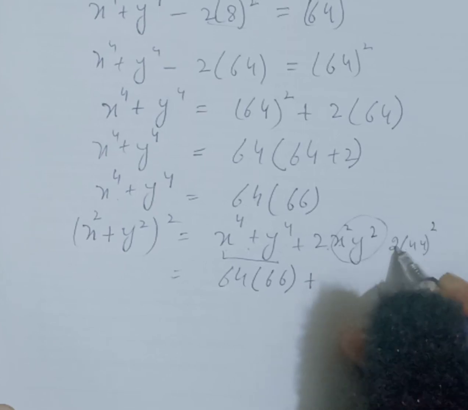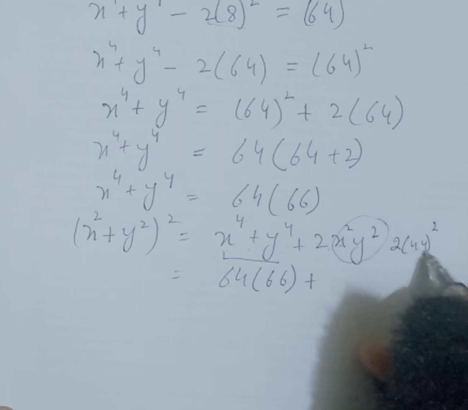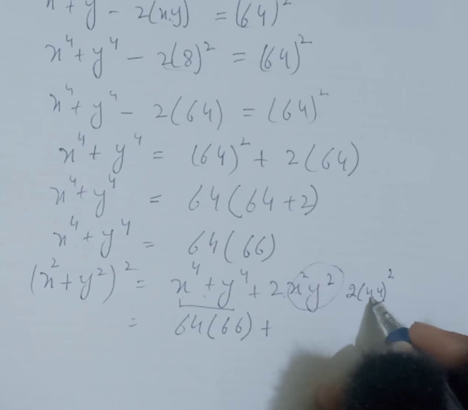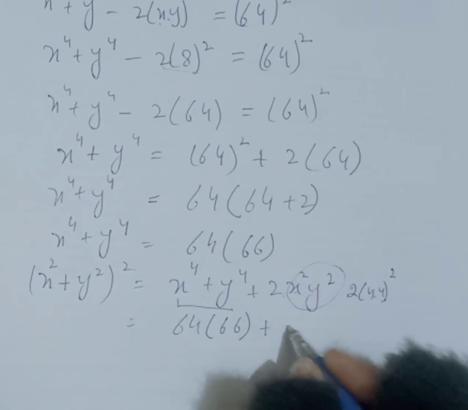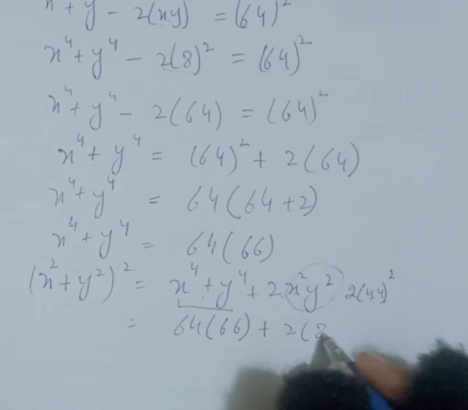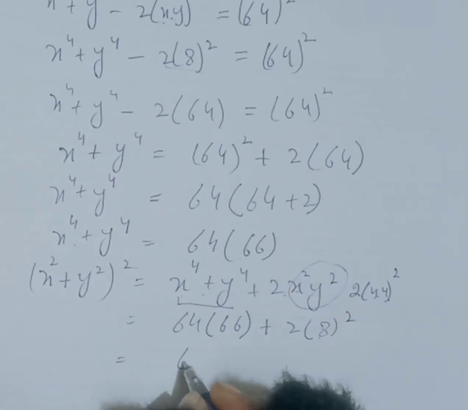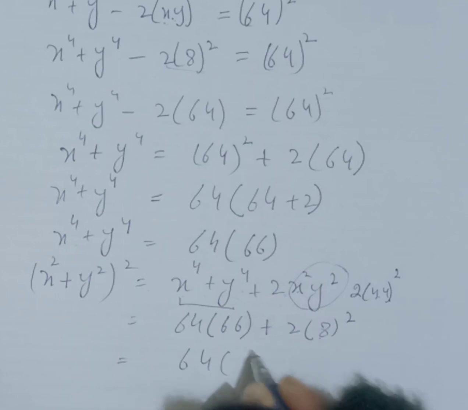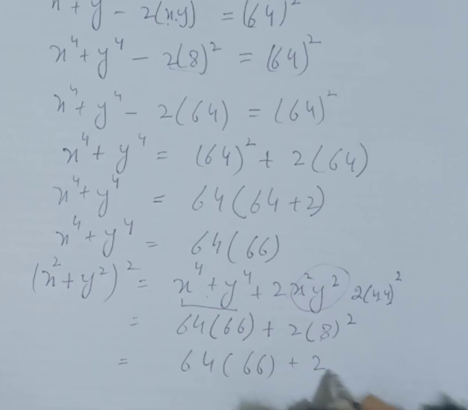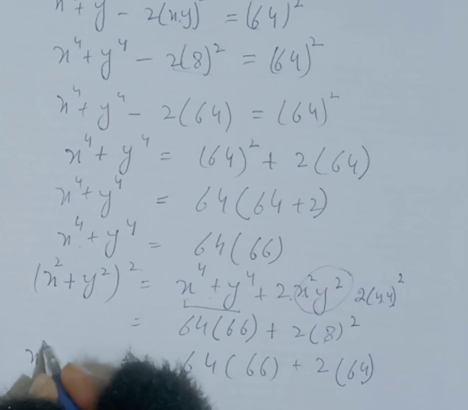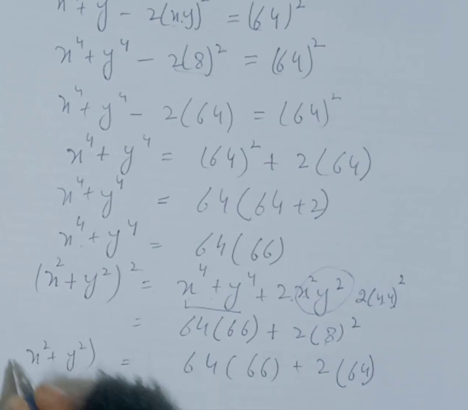So in our question xy is equal to 8, so we replace this by 8, 2 multiply 8 square, and 8 square is equal to 64, so this will become 2 multiply 64, it is equal to x square plus y square whole square.